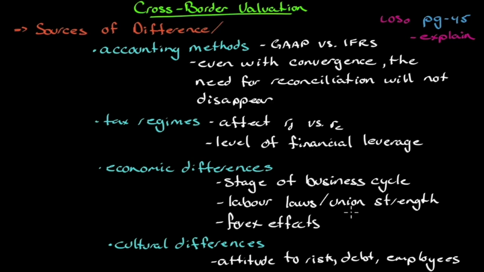Let's look at these differences that we have here. LOS is asking us to explain differences, and I've got 4 of them down here: accounting methods, tax regimes, economic differences, and cultural differences. Accounting methods is the most obvious, GAAP versus IFRS. Even with convergence, the need for reconciliation will not disappear.